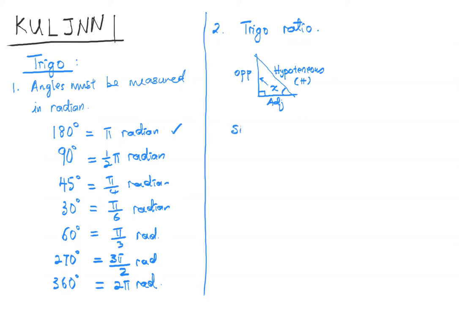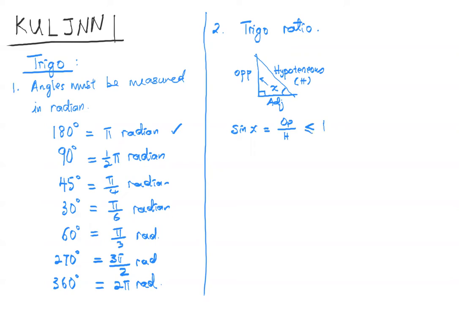Sin of an angle is the ratio between the length of the opposite side over the hypotenuse. Am I right? Because the hypotenuse is the greatest, the longest, the value of sin of an angle will always be less than or equal to 1.